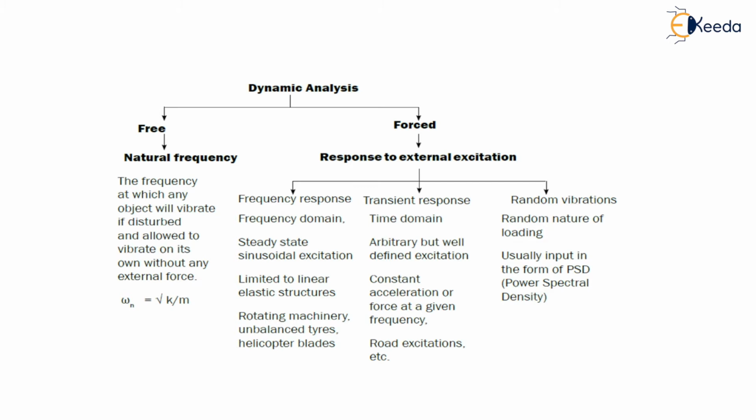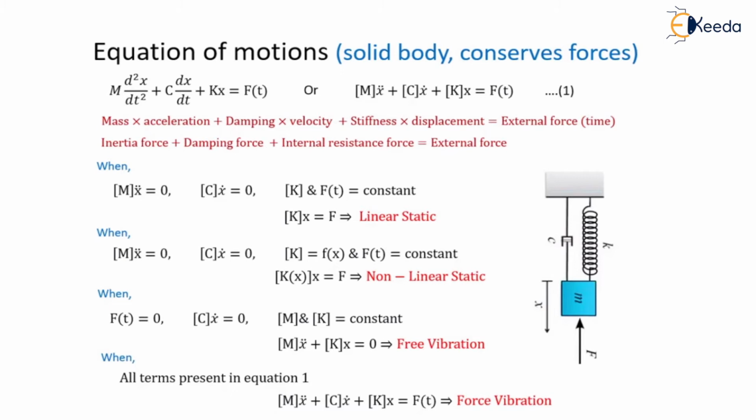So, the equation of motion for a solid body with conservative forces gives us the equation for a vibration problem: mass into acceleration plus damping into velocity, that is c dx by dt, plus k into x, that is stiffness into displacement, is equal to the external force with respect to time, F(t).